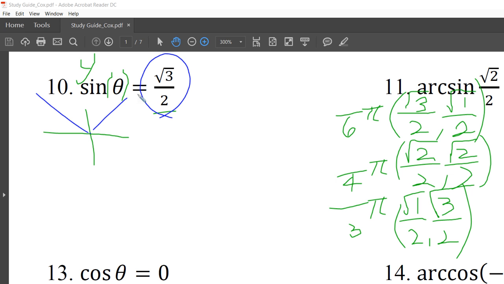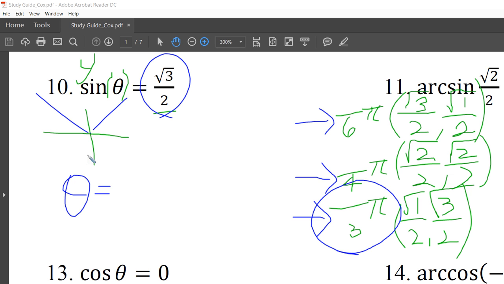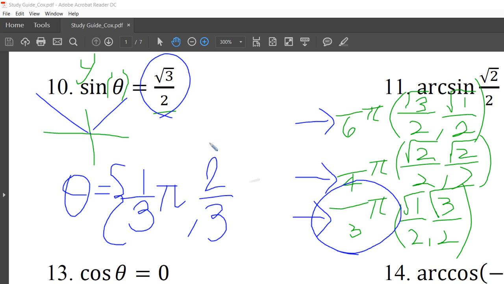Then I'm going to see which one of these has a y value of √3 over 2, and we see that it's going to be the over 3s. So my answers are going to be pi over 3, and the other one's going to be 2 over 3 pi.